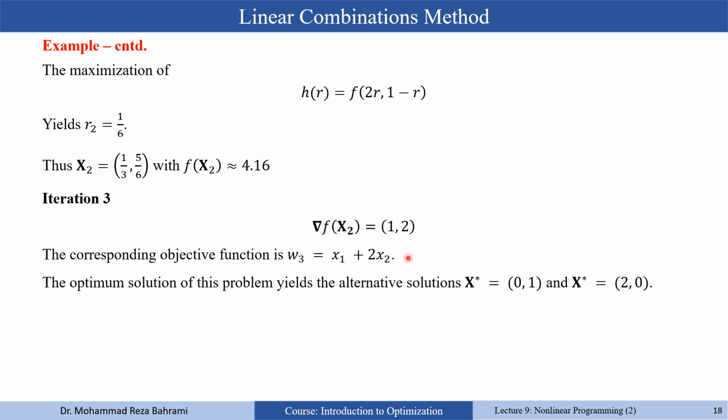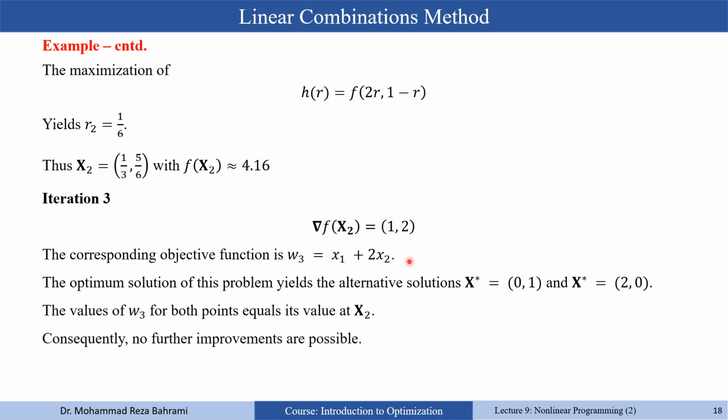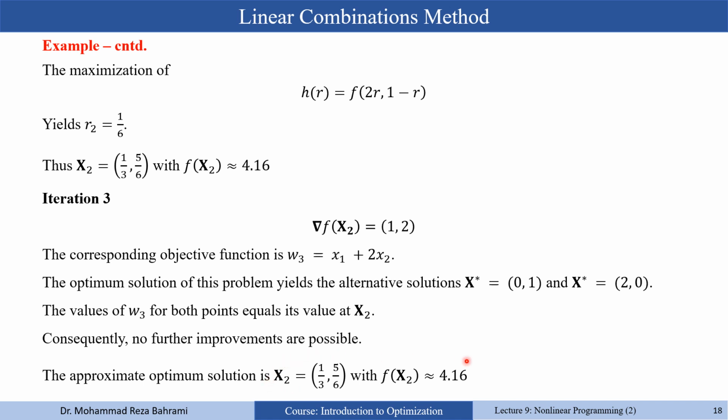And the x1, x2 here, you have a 2. And if you do the same thing, x1 and x2 substituting here, the answer is 2. It means that we are reaching the optimum value, which is 4.16, and x1 is 1 over 3 and 5 over 6. And as you remember, this is the exact solution that we got from the previous method, quadratic programming.